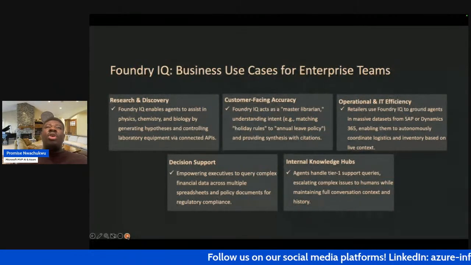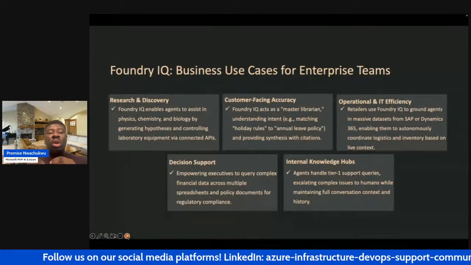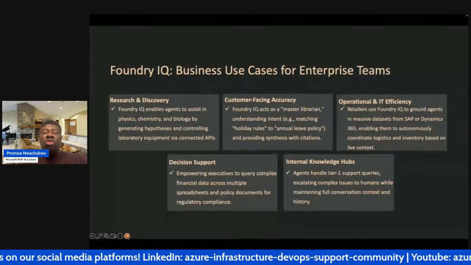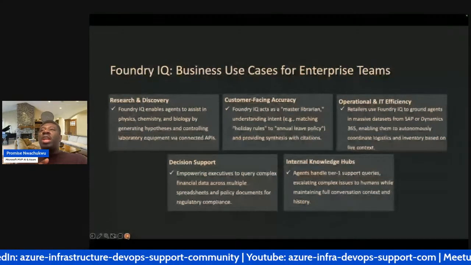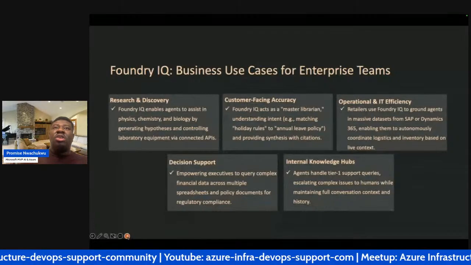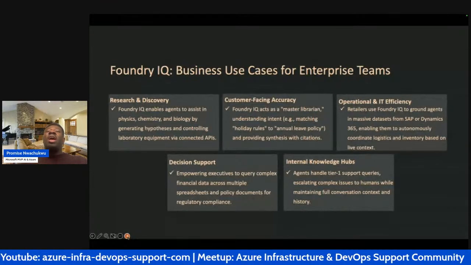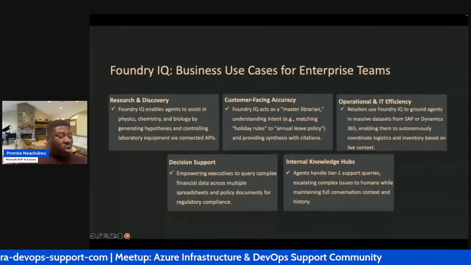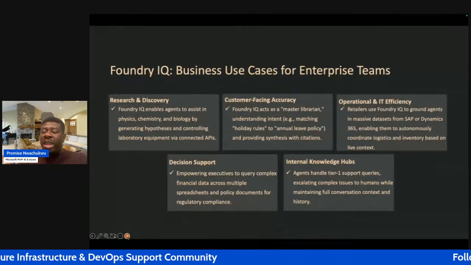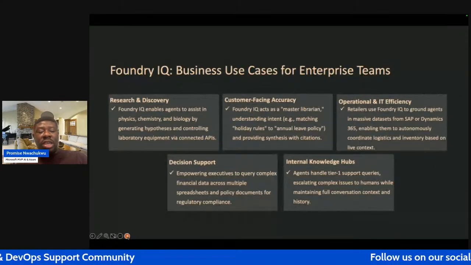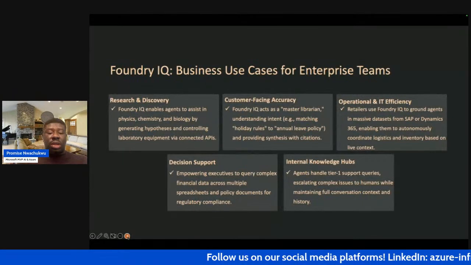Because Foundry IQ can help you do these queries seamlessly, you are now able to make accurate decisions because you then have all the facts you need to make that decision. So Foundry IQ would help in understanding what transpired in the documents you provided and then provides you an answer based on that.